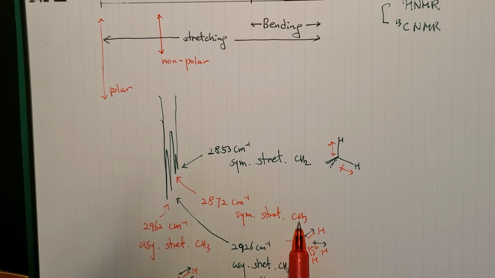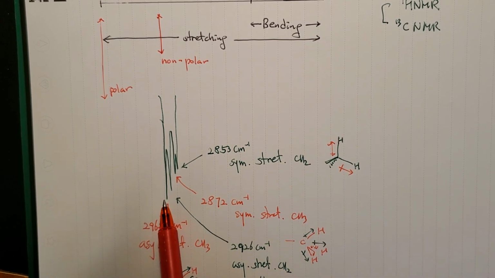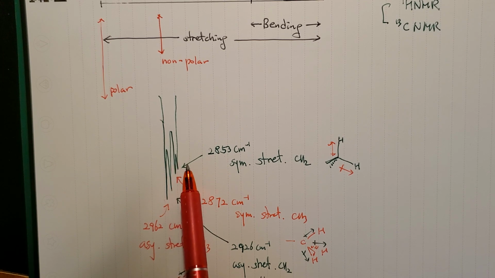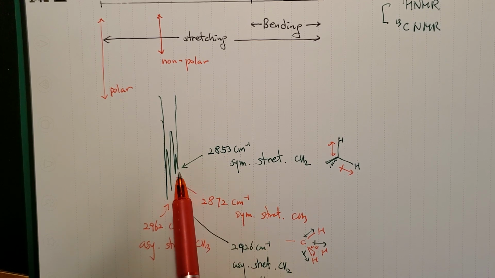Even that was the case for the methyl group, symmetric, asymmetric. And then for comparison, methyl group's asymmetric is a bit higher than methylene asymmetric stretching. Then symmetrics are lower than methyl asymmetric stretchings, a little higher than the methylene symmetrical stretching.